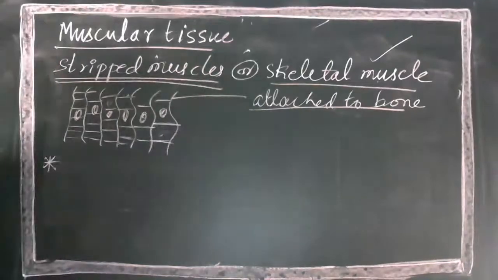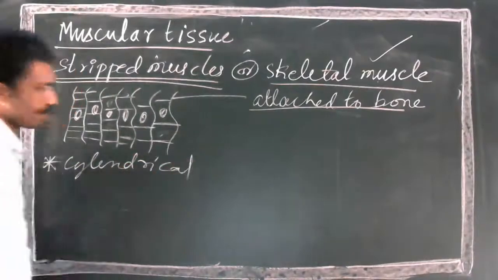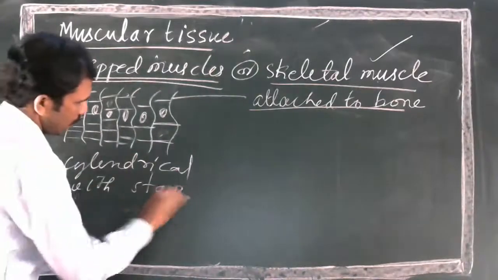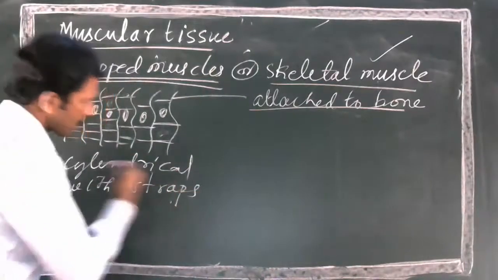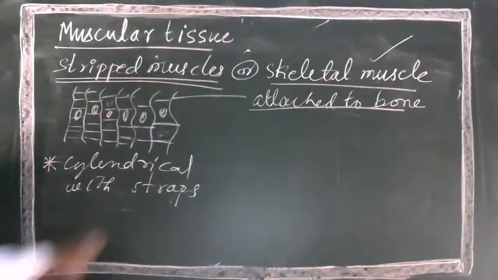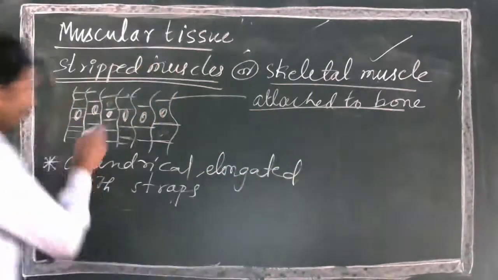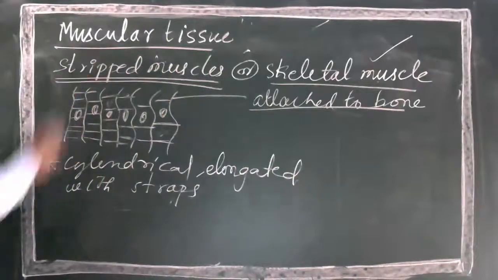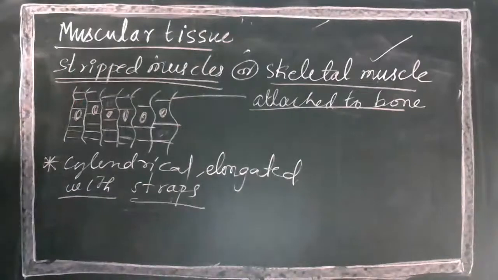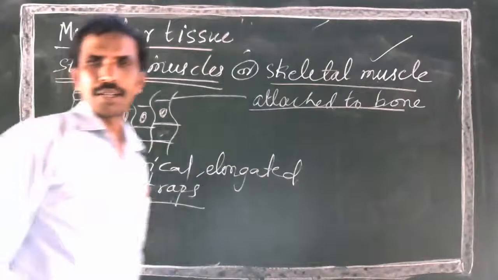The myofibrils of striped muscles are cylindrical, elongated, long, with stripes. So this is about the striped muscles.